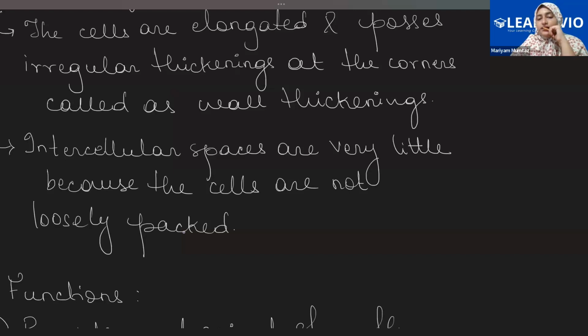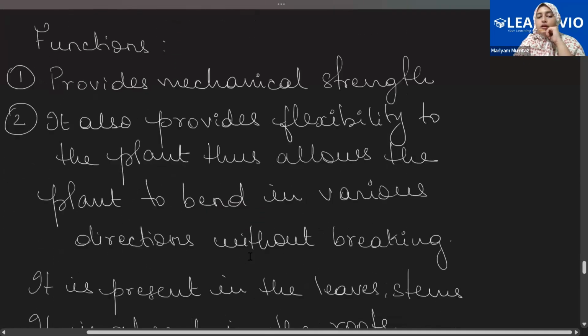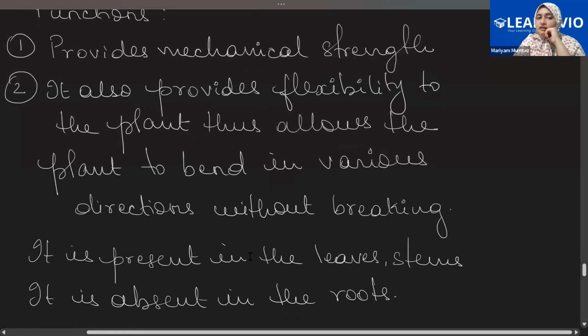Intercellular spaces are very little because the cells are not loosely packed. The cells are very tightly, compactly arranged. That is why very little intercellular space is there. Talking about the function, it provides mechanical strength.